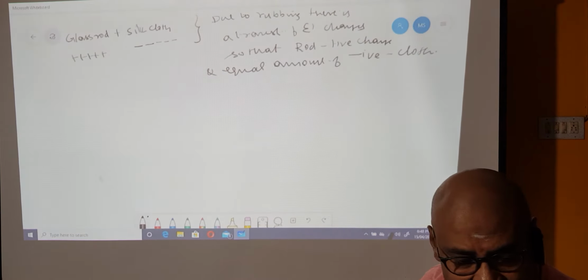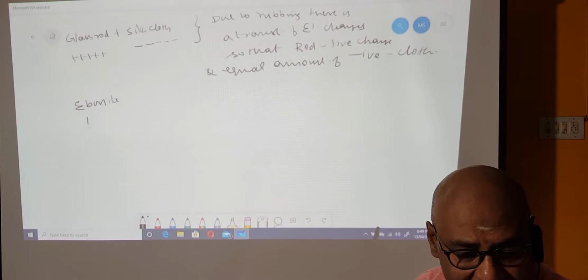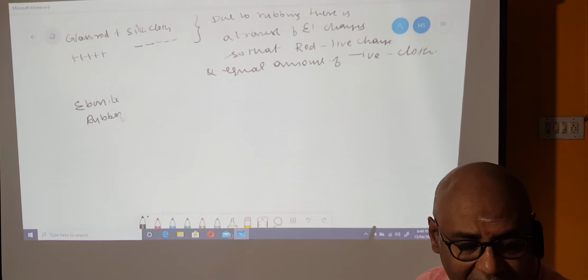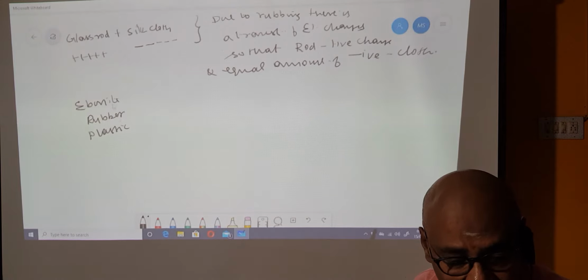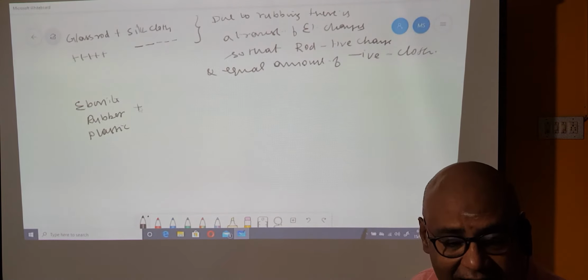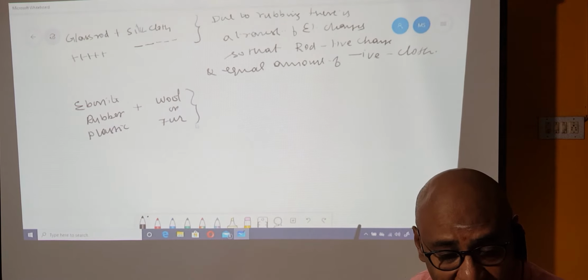What is the next example that we have studied? I can consider an ebonite rod, or I can consider a rubber rod, or we can consider a plastic rod. Either ebonite, rubber or plastic, when it is rubbed with wool, or you consider fur. On rubbing, what will happen?